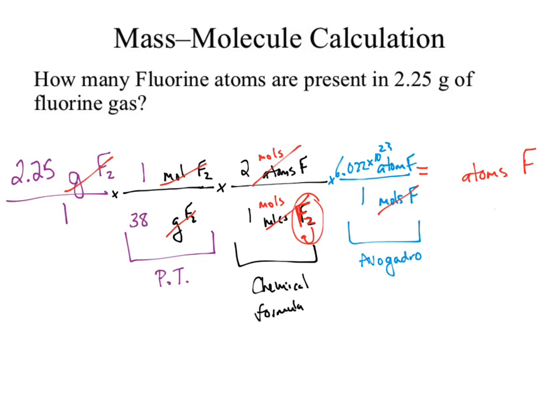Okay? The chemical formula is a different source of information than the periodic table. If anybody's curious about that and going, I don't believe you, find F2 on the periodic table. The instant you can find F2 on the periodic table, I've never actually bothered to check. It might show up somewhere in there. Then maybe we can have that conversation.